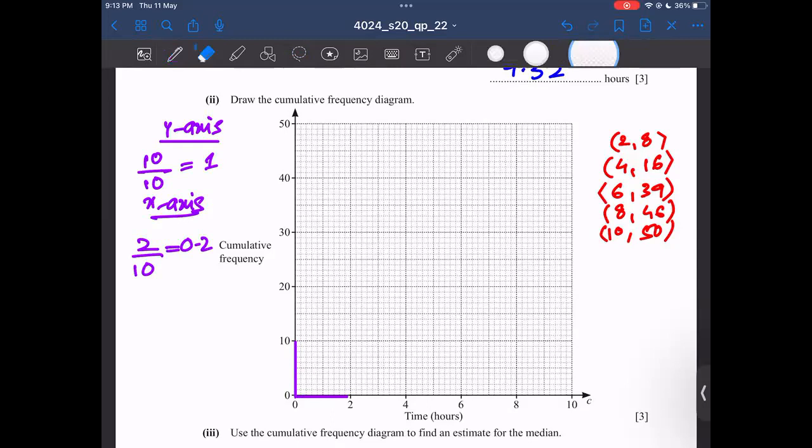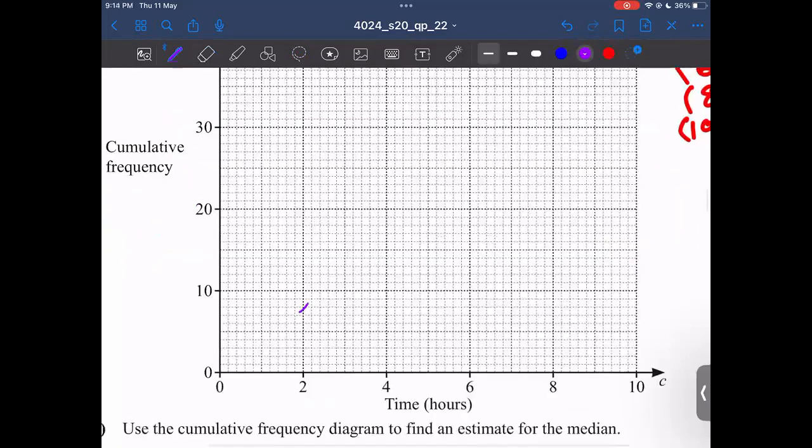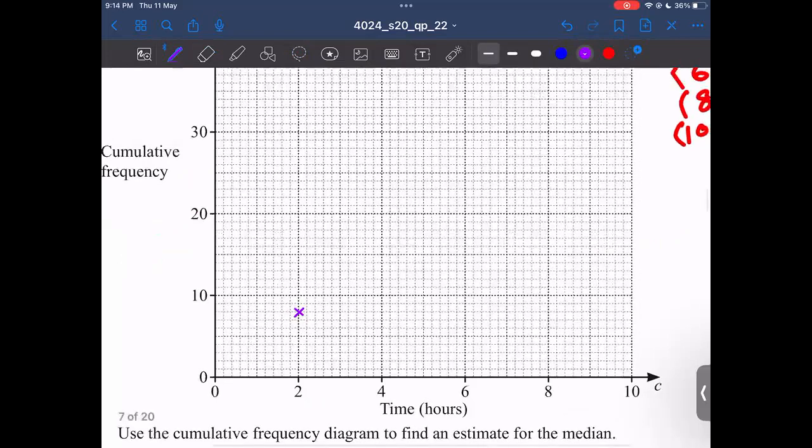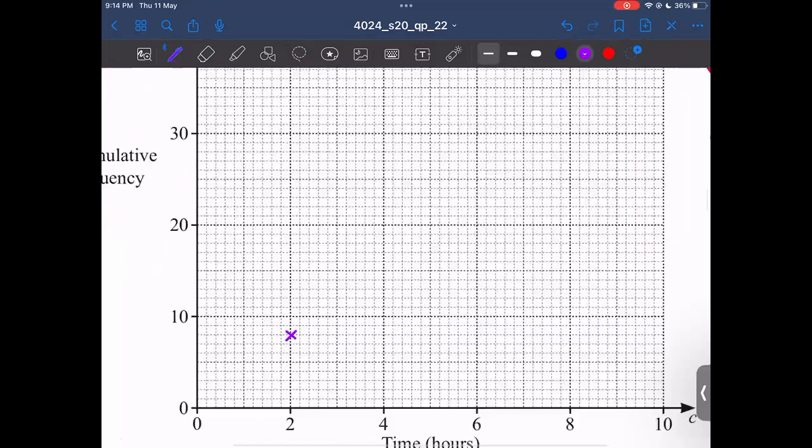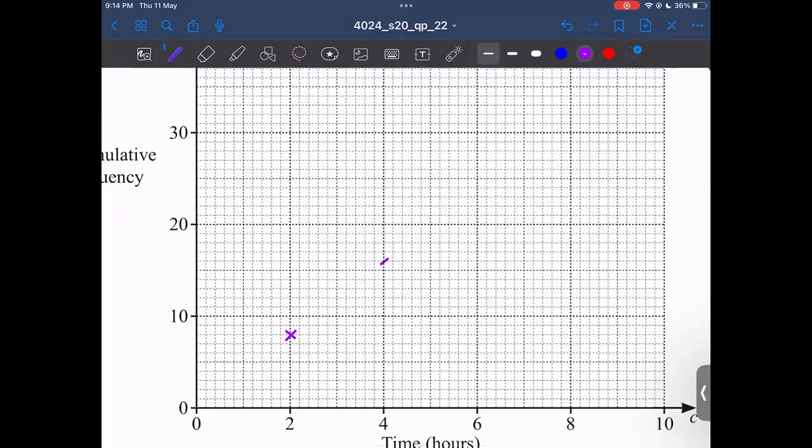Okay, so now plotting these values, 2,8. 2,8 is going to be here. 1 tiny small box is equal to 1 unit in the y-axis. So just below the 2 boxes of 10, we have 8. Then we have 4,16. Just 4 boxes below the 20, it's 4,16.